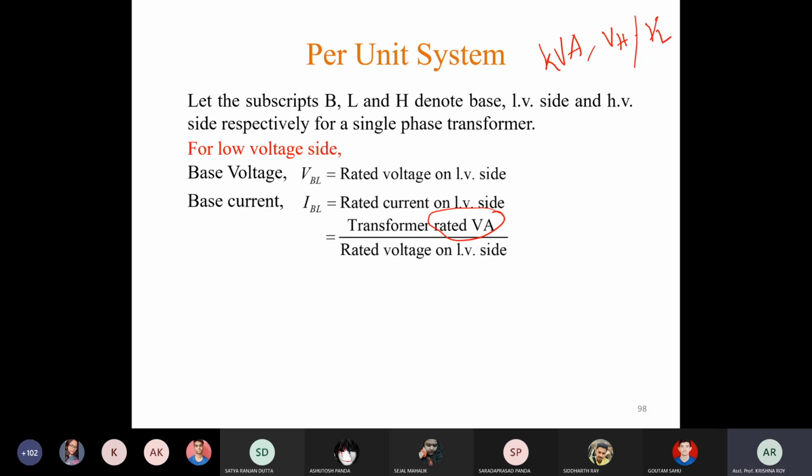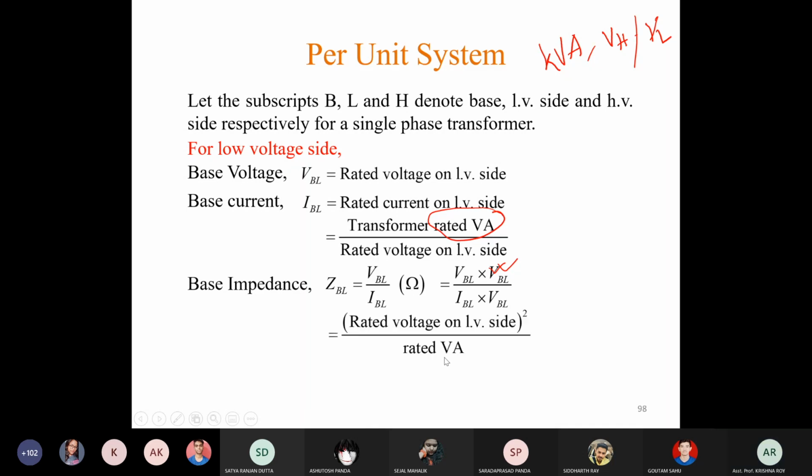Only the voltage will change. That is why we will get different currents from the two sides, as well as different voltages from the two sides. So base impedance ZBL equals VBL by IBL, which can be expressed as rated voltage on the low voltage side squared divided by rated VA.